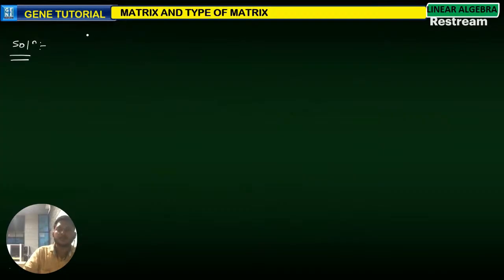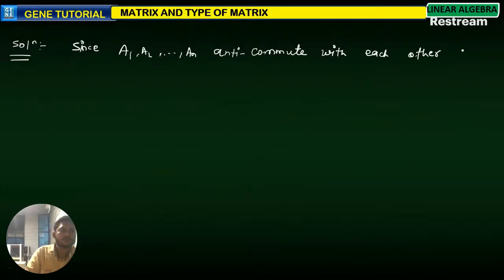Take some elements like A1, A2, up to An, which anti-commute with each other, and therefore imply Ai Aj equals minus Aj Ai, because it is skew symmetric.